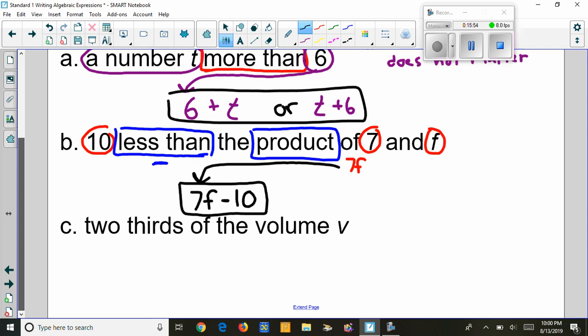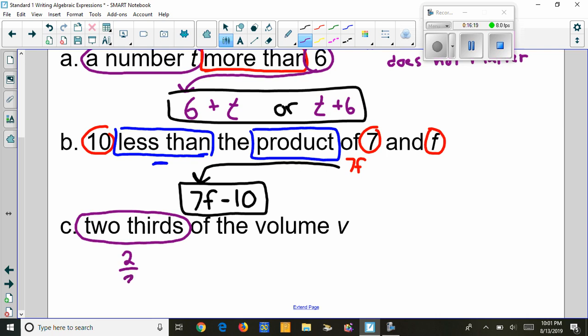Letter C says 2/3 of the volume V. So we start off with 2/3. And though I didn't mention it earlier, this is going to be how we refer to a fraction, one of the possible ways. 2/3 is the fraction 2/3.